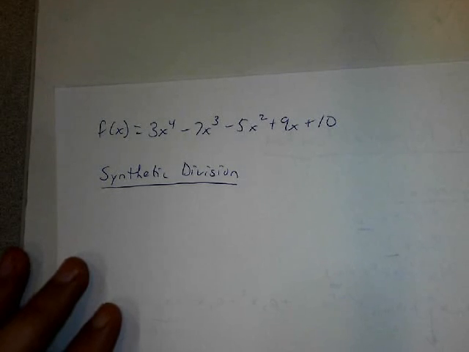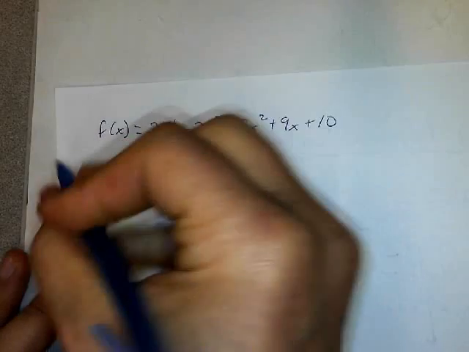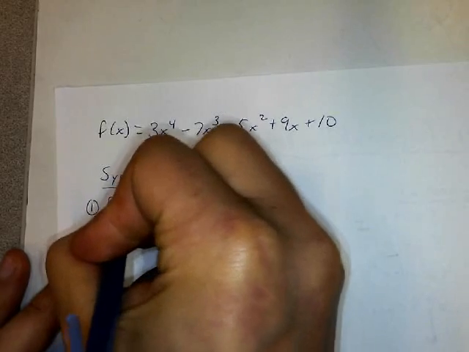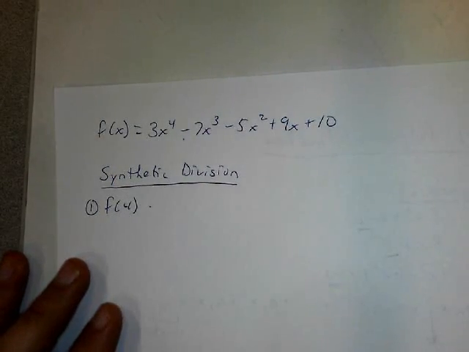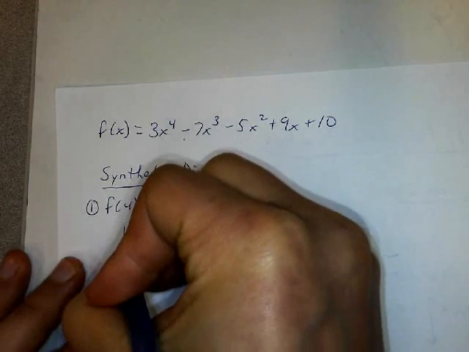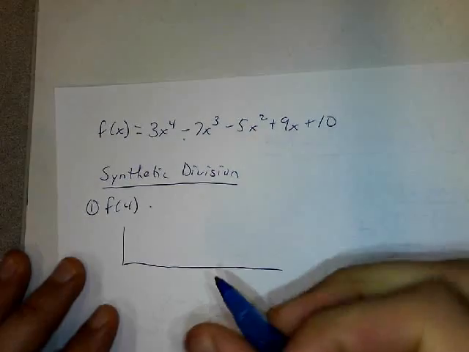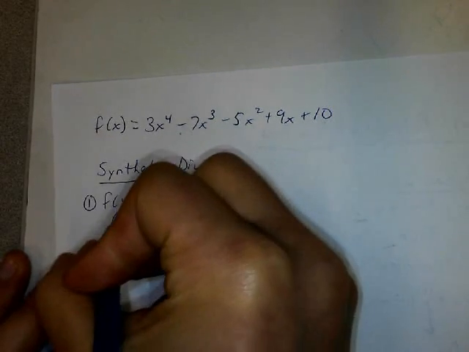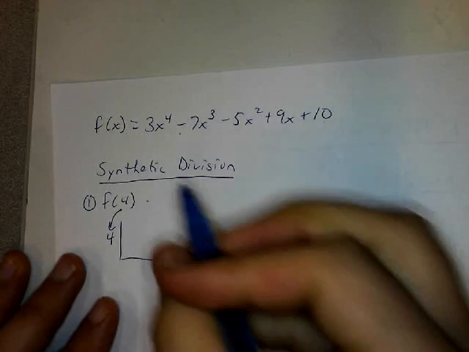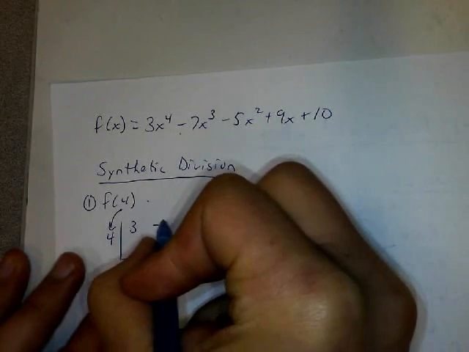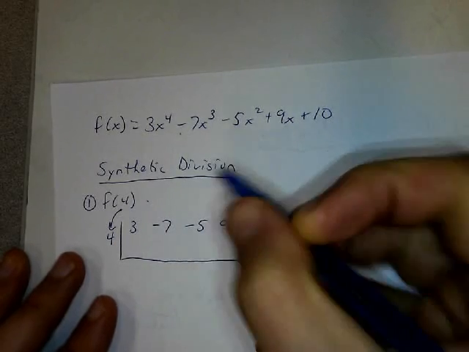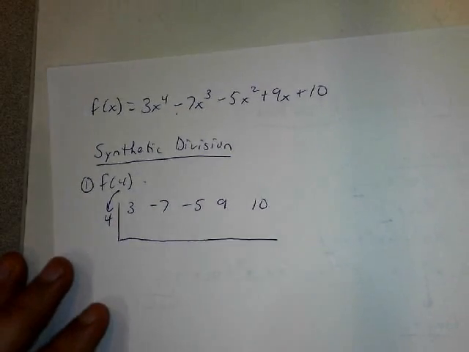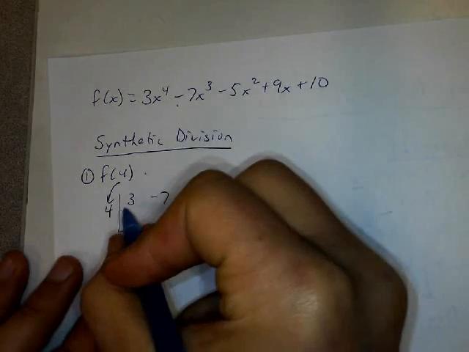So if we want to synthetically divide, this is basically what we're doing. Let's find f of 4. You could plug it in, but synthetic division is actually easier, especially without a calculator. What we do is we put 4 over here, and we put the coefficients of the expression up on top. And then all we do is synthetically divide.